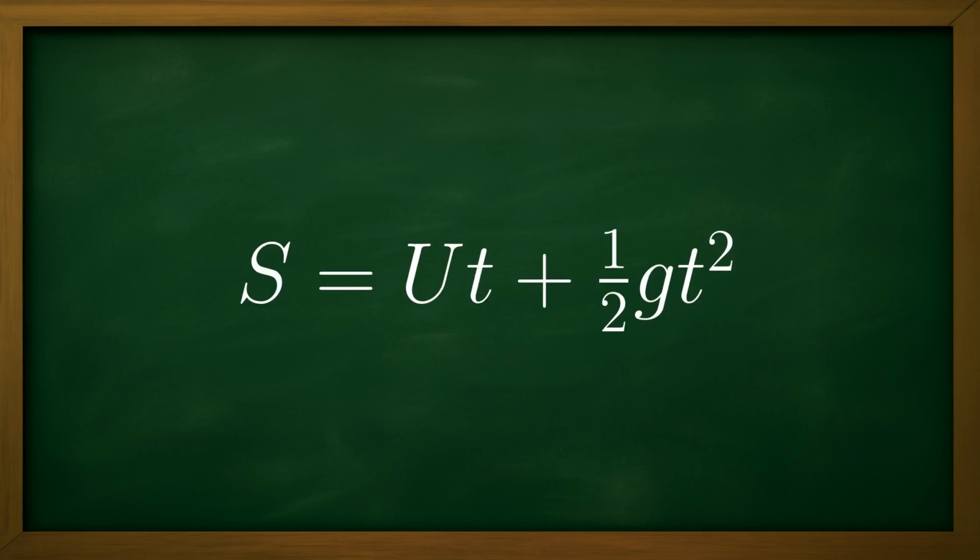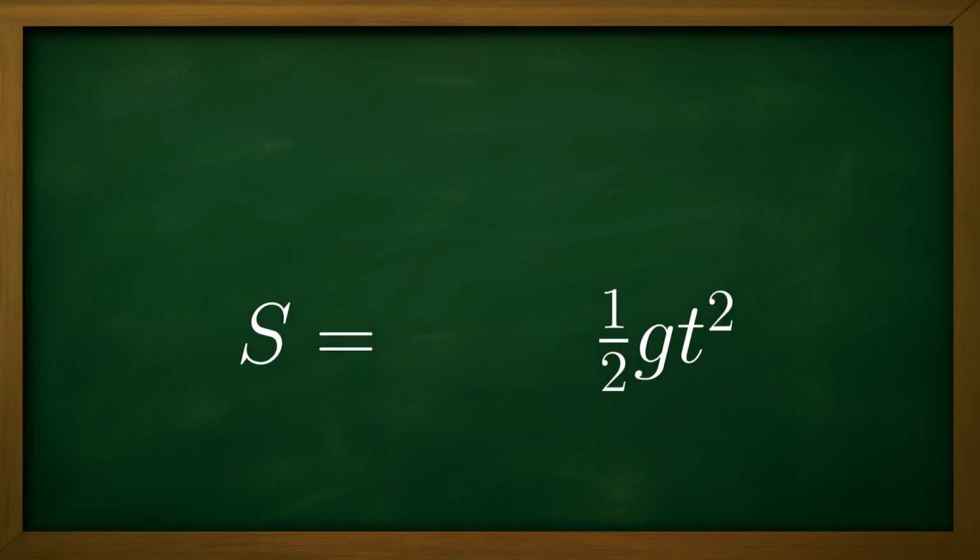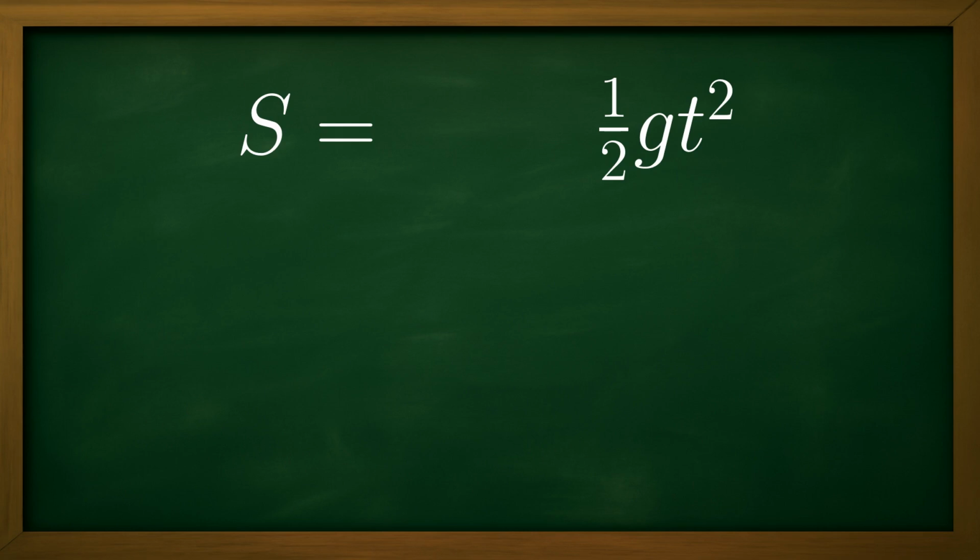From the equations of motion, we know that displacement s can be written as ut plus half gt square. If we substitute 0 for our initial velocity, the expression becomes s is equal to half gt square. Solving for t, we have t is equal to square root of 2 times s divided by g.